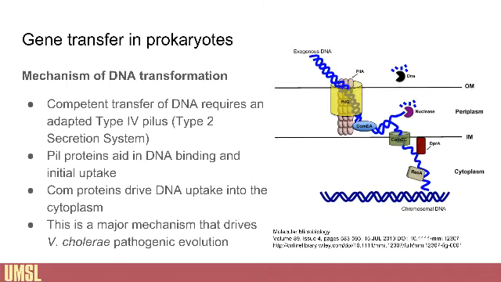Okay, and these mechanisms are really important for shaping the evolution of a number of critically important environmental pathogens, Vibrio cholera being one of them. Vibrio cholera has an immense radiated diversity, and a large part of this is driven by the fact that they're able to take up DNA from dead neighboring Vibrio bacteria and incorporate fragments of those genomes into their own genomes.